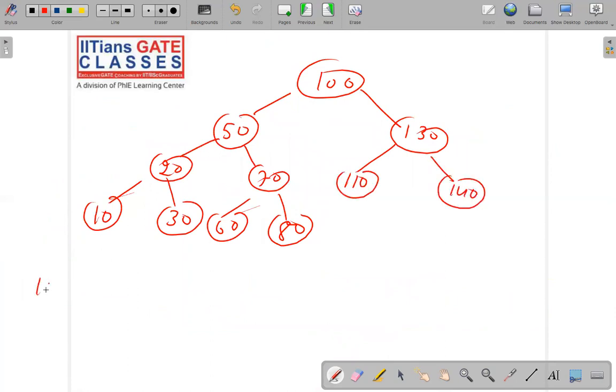Okay, so what is the in-order traversal? 10, 20, 30, 50, 60, 70, 80, 100, 110, 130, 140.